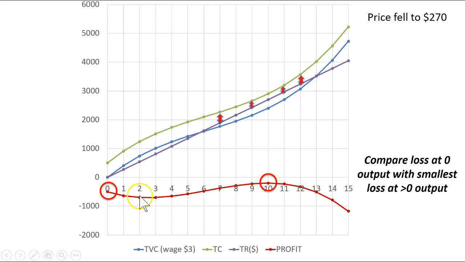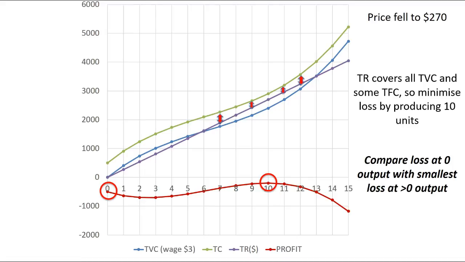Because at every other level of output, including nothing, it makes a bigger loss. So it's rational to produce 10 units of output. We can see in this case that the total revenue around these quantities here covers all of the total variable costs. See our total revenue curve from the point of 6 units of output onwards, the total revenue is greater than the total variable cost. Okay?